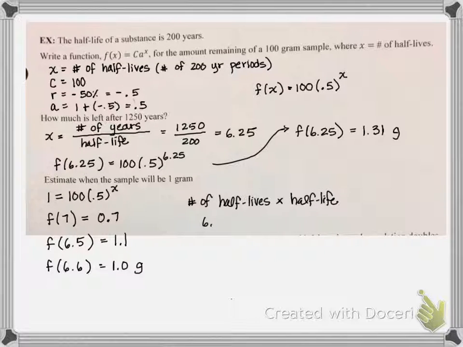So we have 6.6 times 200 equals 1,320 years. So it would take 1,320 years for that to go down from 100 grams to 1 gram.